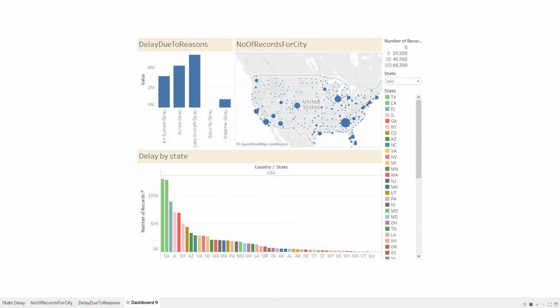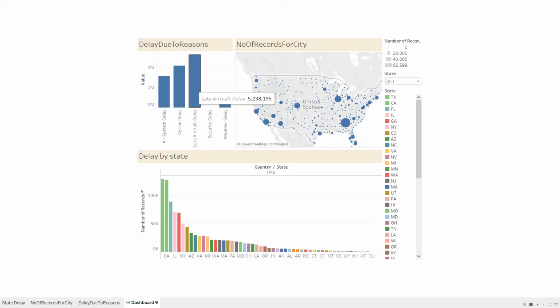In addition to these two charts sorted by location, we also have in the top left corner a bar chart that shows delay value by reason.